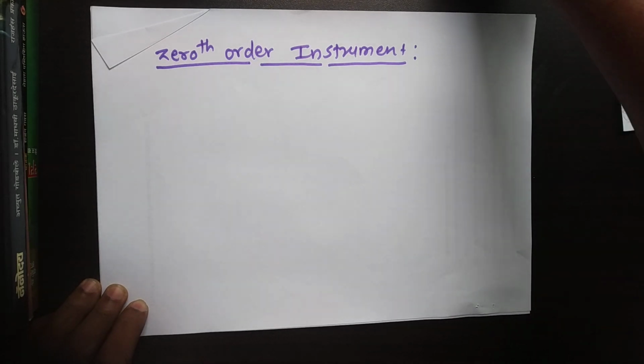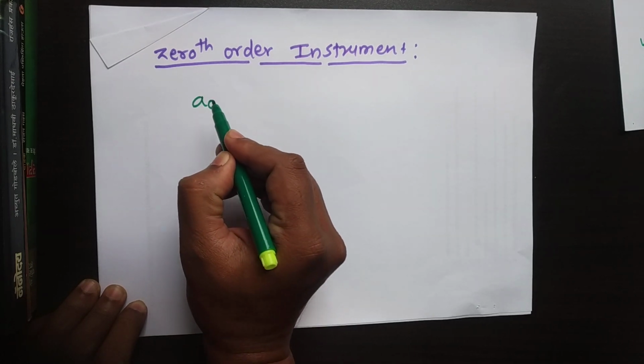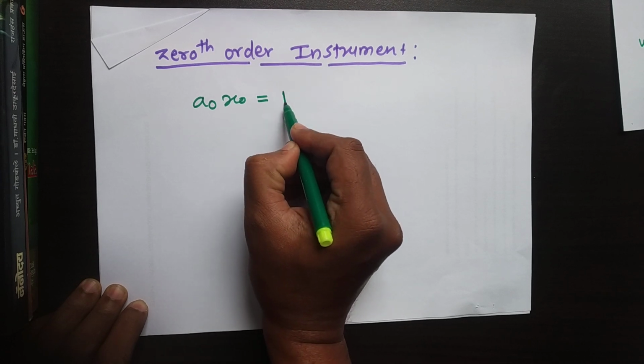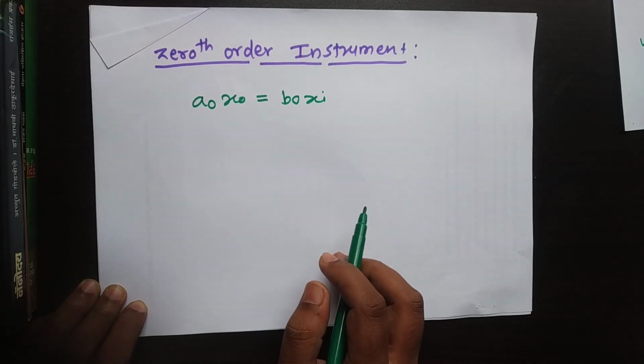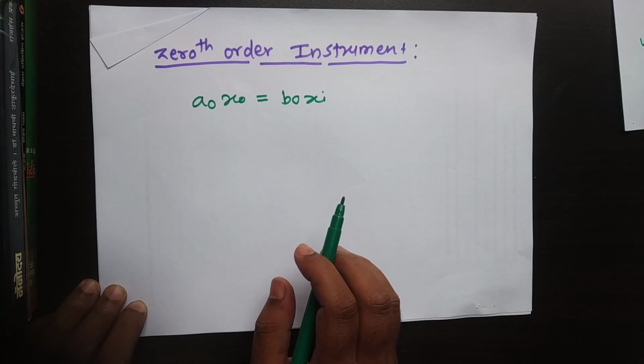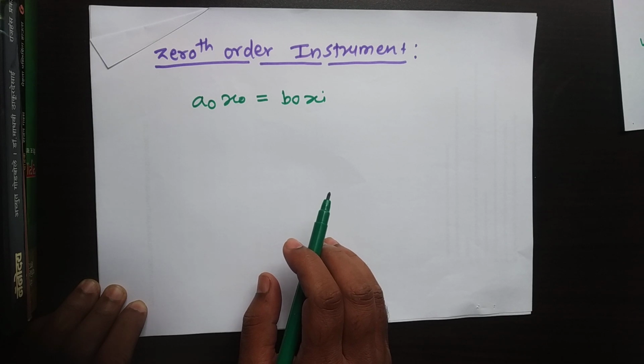we can write like this, a0 x0 is equal to b0 xi, because we have considered all a's and b's are 0 and only a0 and b0 related terms we have considered non-zero.